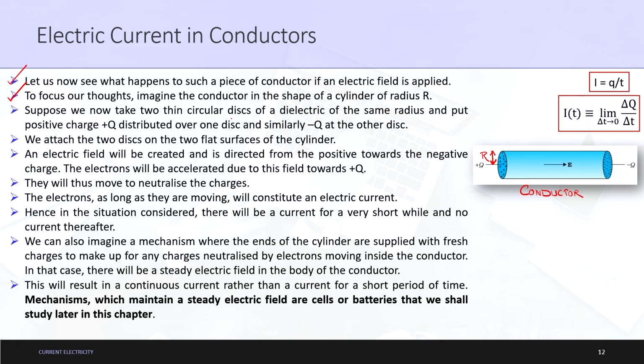Suppose we now take two thin circular discs of a dielectric of the same radius and put positive charge plus q distributed over one disc and similarly minus q on the other disc. So, we are taking two circular discs, and they have some dielectric.